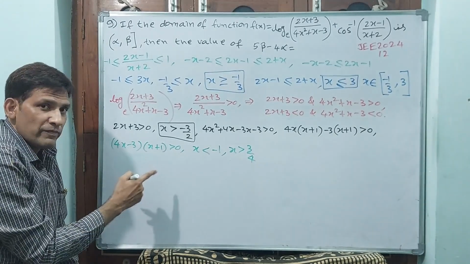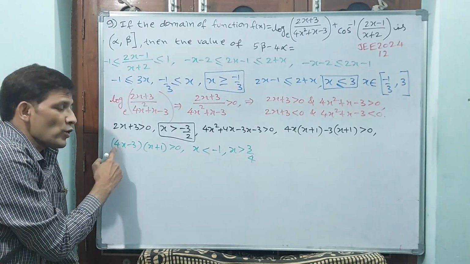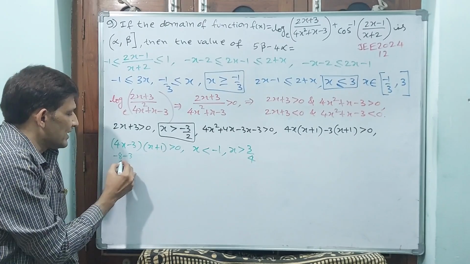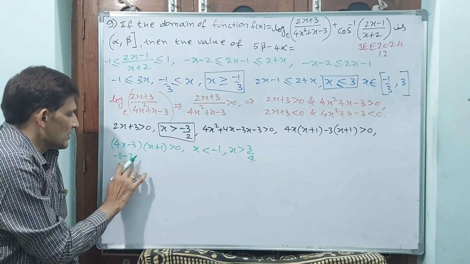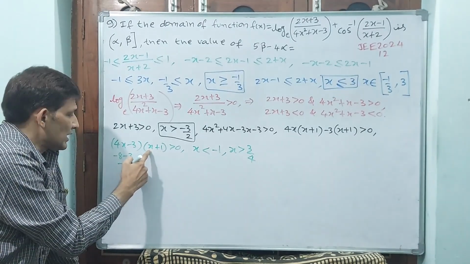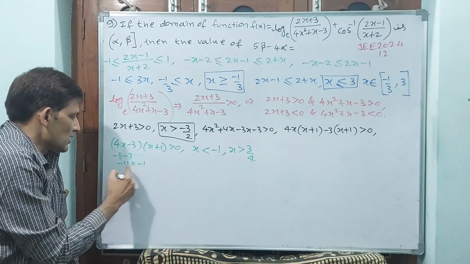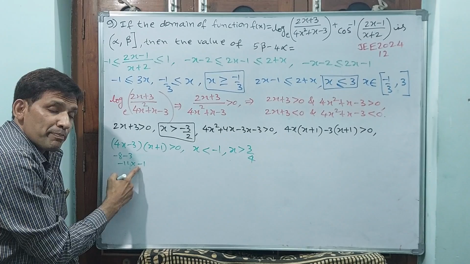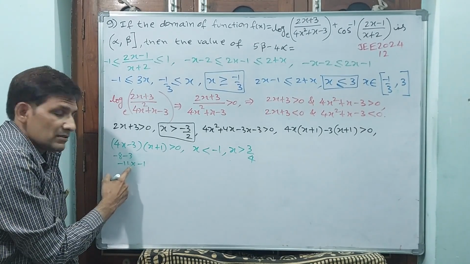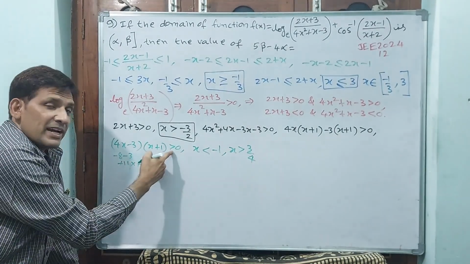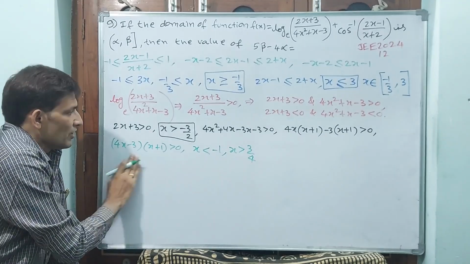Okay, if I give minus 2, minus 2 into 4, minus 8, minus 3, minus 11, into, here also minus 2 I have given, minus 2 plus 1, minus 1. Minus 1 into minus 11 is plus 11, greater than 0. It's accepted. That means this is valid.